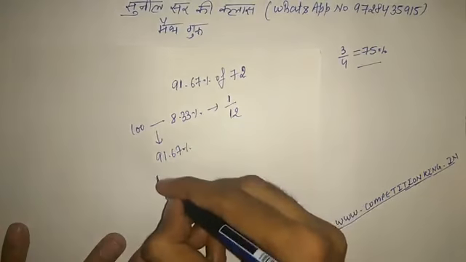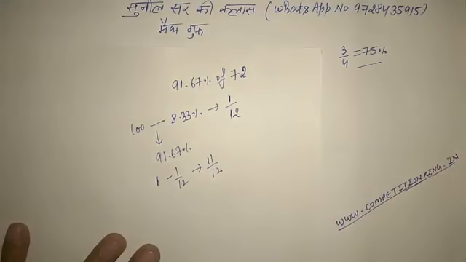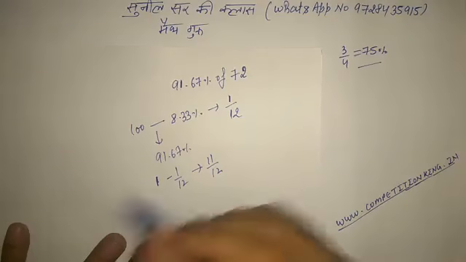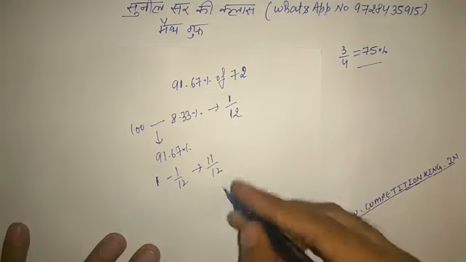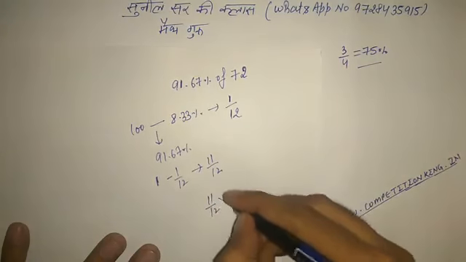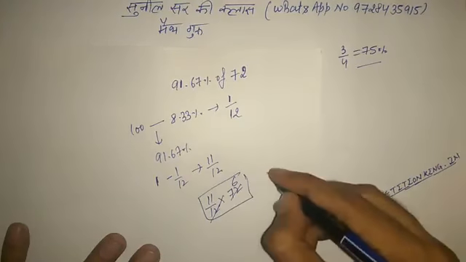Now what is 100%? It is 1 minus 1 by 12, and the equivalent fraction is 11 by 12. So I can say if I have to calculate 91.67% of 72, I can simply multiply this by 11 by 12. The answer will be 66.